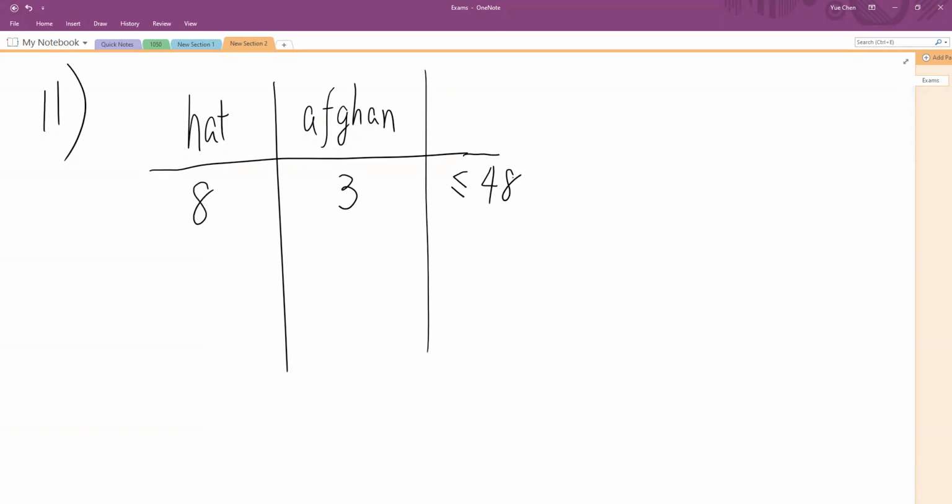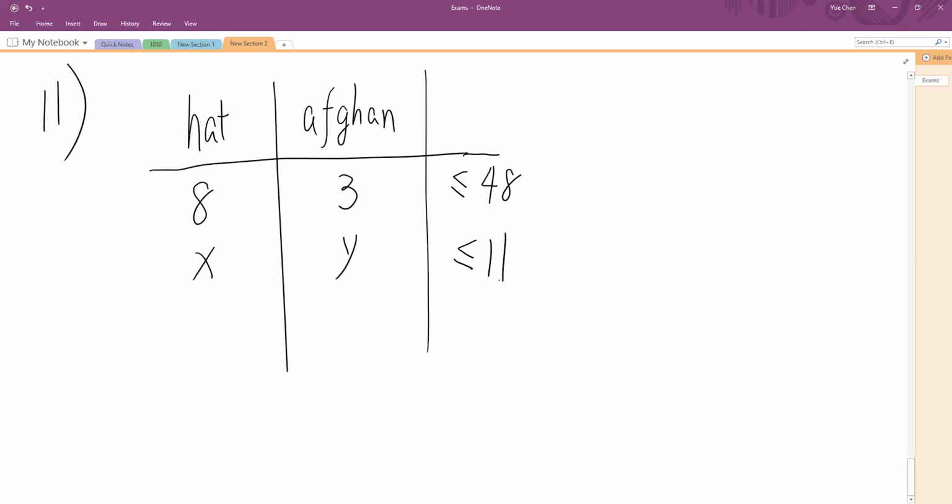She has material for no more than 11 items. So if one item is x and the other is y, the total number should be less than or equal to 11. Let x be the number of hats she makes, and y the number of Afghans she makes.